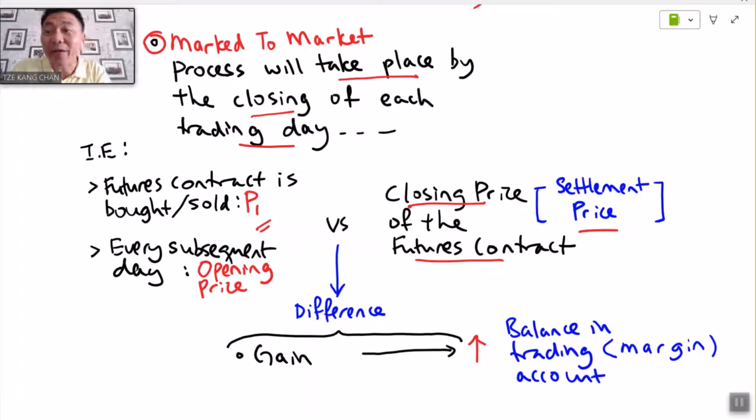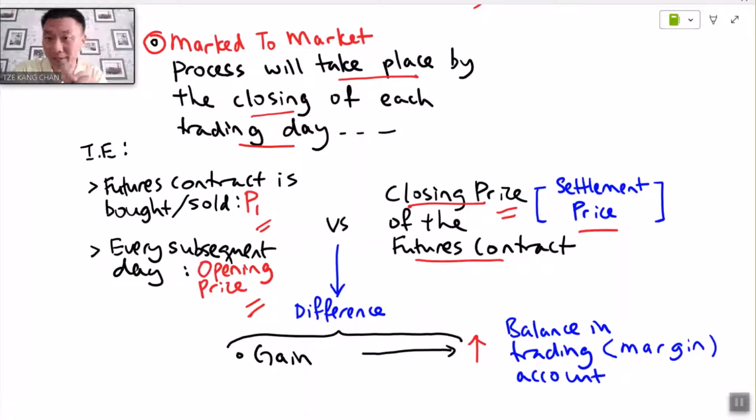On every other trading day, as long as the futures contract's positions remain open, the closing price of the day becomes the opening price of the subsequent day.